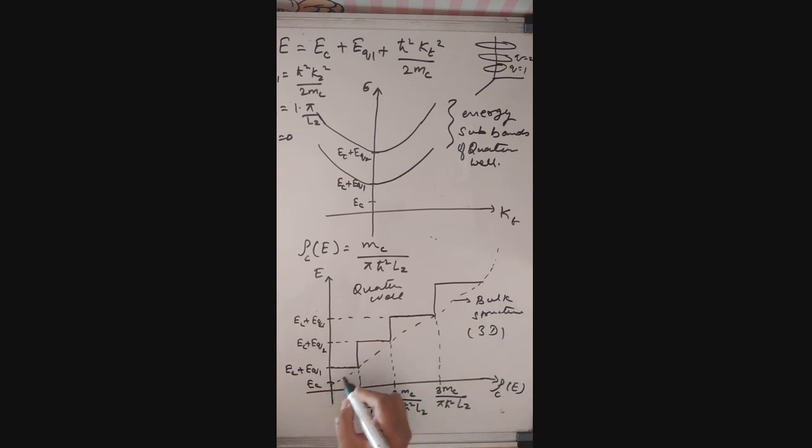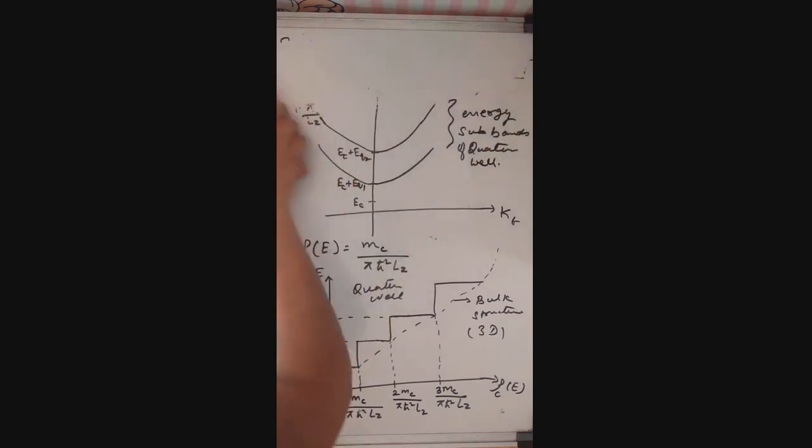If we draw the dotted line joining these points, it represents the bulk structure. You can check this also by putting the value in the bulk expression. That is rho, the value of rho in that case, just simply put EC plus EQ1 there. You'll get the same value.